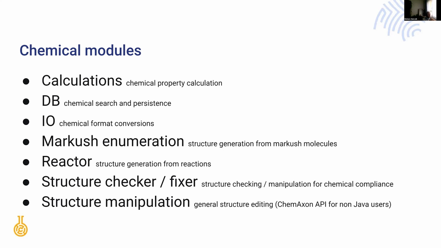We also have the structure checker and fixer to let you ensure chemical compliance in your future applications. And we provide structure manipulation, which is the collector of all the interesting APIs from our rich Java API that most of you know and love, but which are not available in other languages, so this could be an endpoint for that.